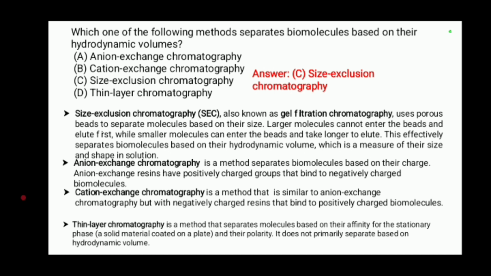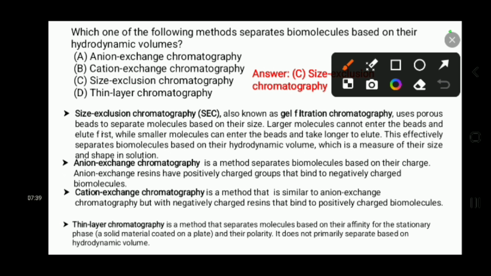So, the anion exchange and cation exchange chromatography separate the molecules based on their charge. The thin layer chromatography separates molecules based on their affinity for the stationary phase and also their polarity, but does not primarily separate based on their hydrodynamic volume. Whereas the size exclusion chromatography separates the molecules based on their size and shape, that is their hydrodynamic volume.